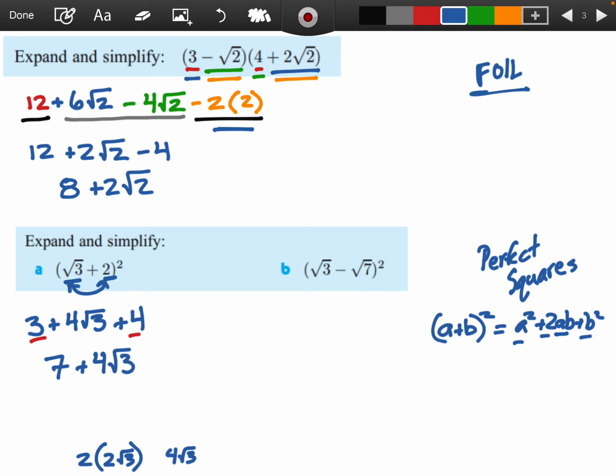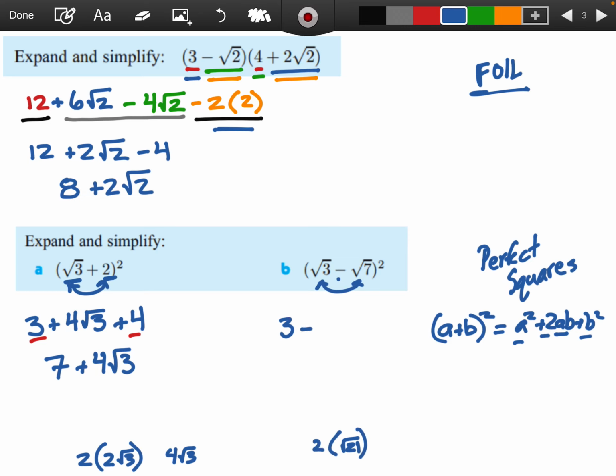So then on to the next. We've got the same kind of setup. And then we're going to just deal with that negative at the same time. So we've got root 3 squared gives me 3. Then I'm going to multiply those together. So I get root 21. And then I'm going to double that, or multiply it by 2.